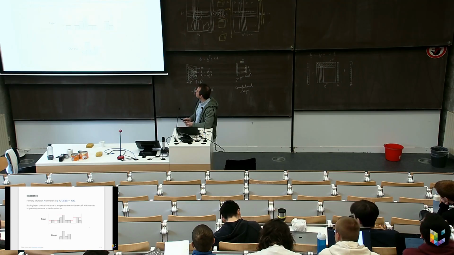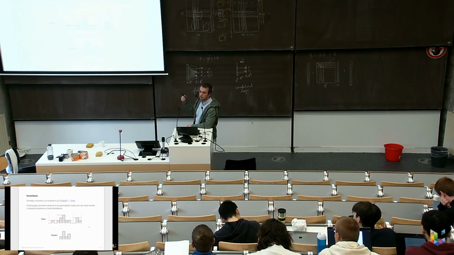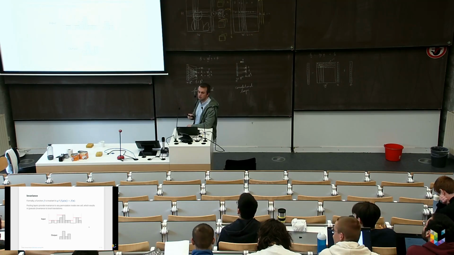So what does that mean? We say that a function f is invariant to another function g if the output of the function on the general input is the same as the output of that function on the result of g.